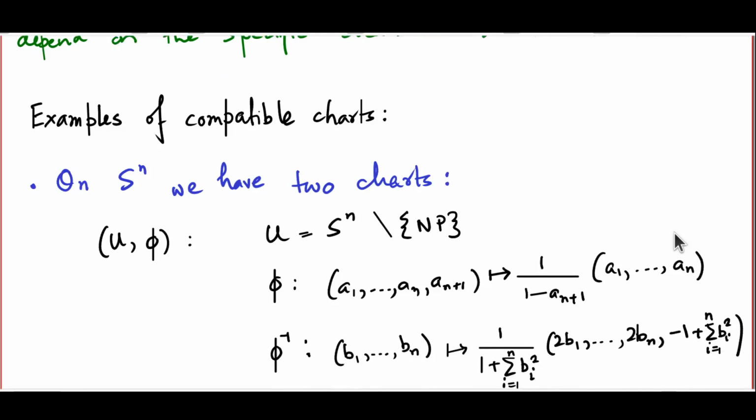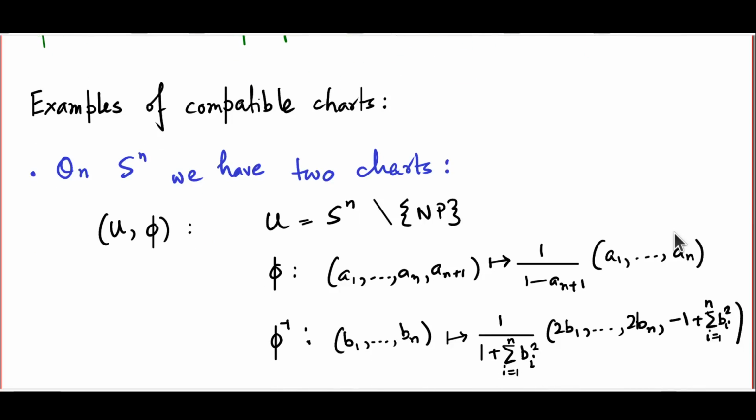We had also worked out that the inverse map takes a bunch of n numbers b1, b2, bn, the so-called coordinates of the point, and returns a point on the sphere whose coordinates in the embedding n plus 1 dimensional space is given by this formula. Basically, the first n coordinates are twice bi divided by the sum of all the bi squares plus 1.